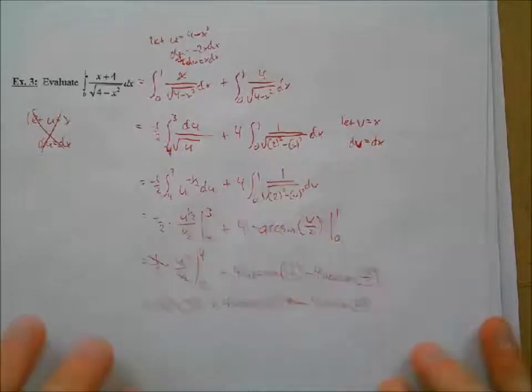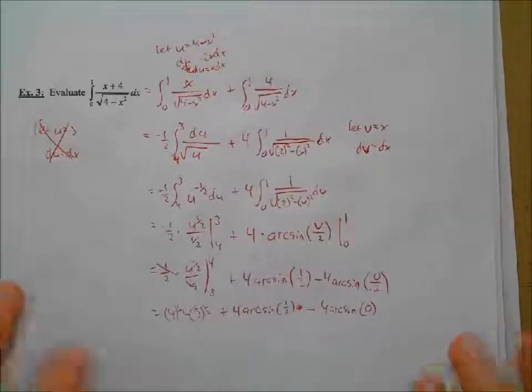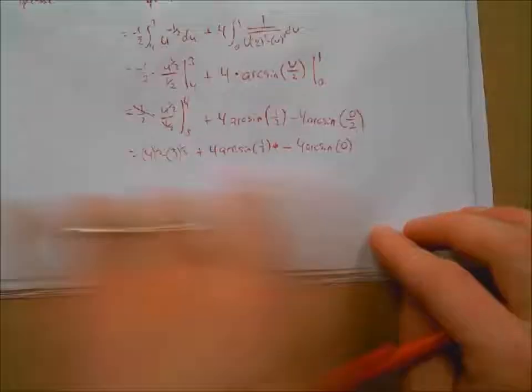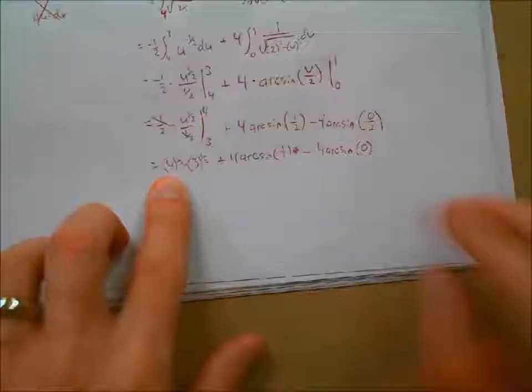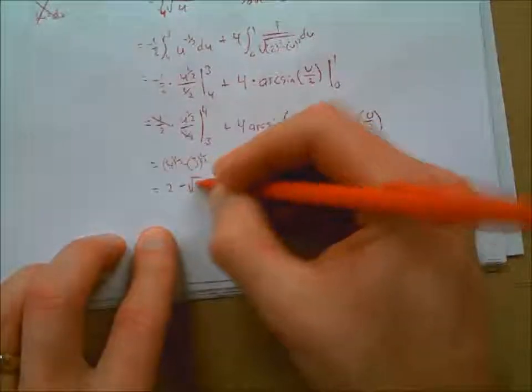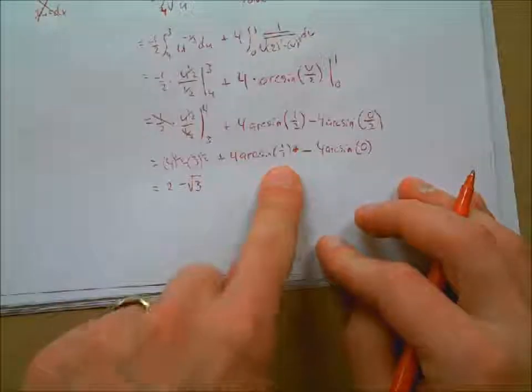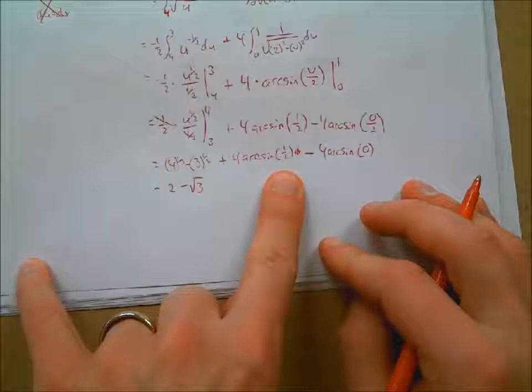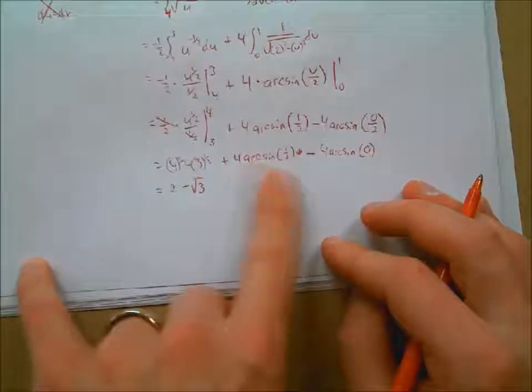Okay, so another question in the calculus? All right, so now, square root of 4, 2, square root of 3. Arc sine of 1/2. Ooh, we haven't done this in a while.